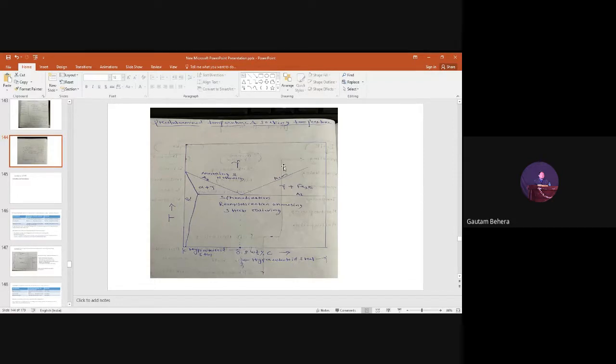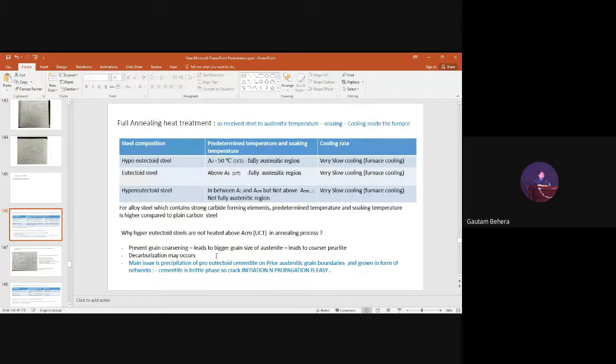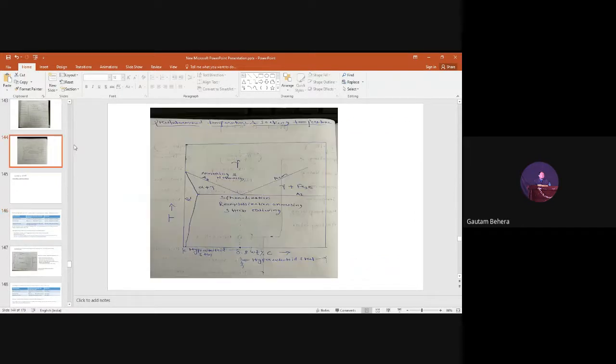If you are taking the steel to a very high temperature, what happens basically to the grains? At a very high temperature, grains become coarser. Very good. Which grain will become coarser here? Austenite. Yes, we will be having coarser austenitic grains.